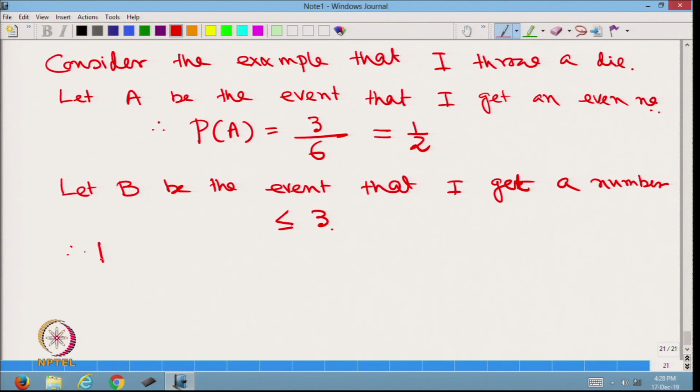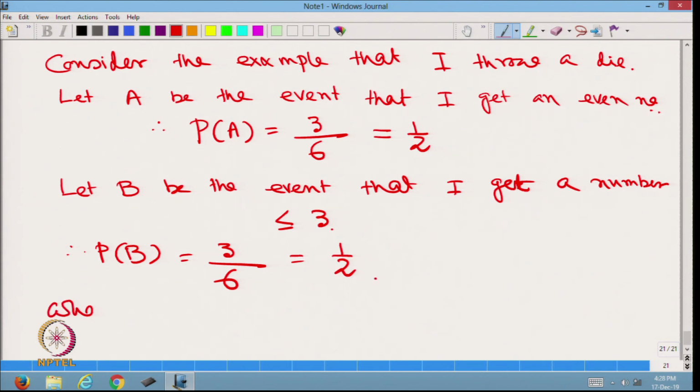Therefore, probability of B is the number of ways of getting a value less than equal to 3, which is 3, because I can get 1 or 2 or 3, divided by the total number of possible outcomes, which is equal to half.